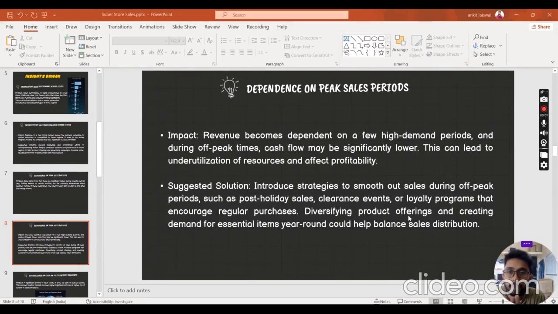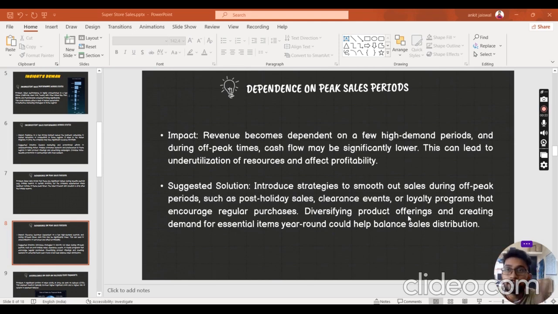Obviously it will affect our profitability, because if we are selling products in some specific months and we are not able to sell in different months compared to holiday and occasion periods, then obviously our profitability will decrease.